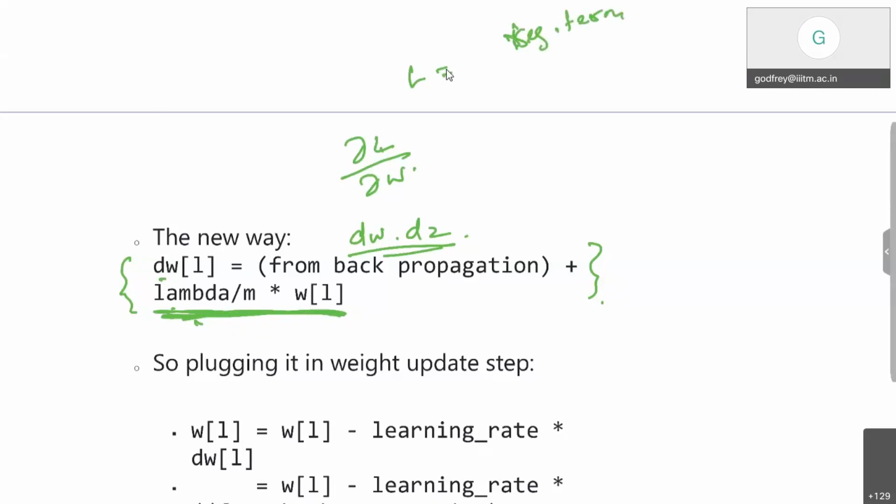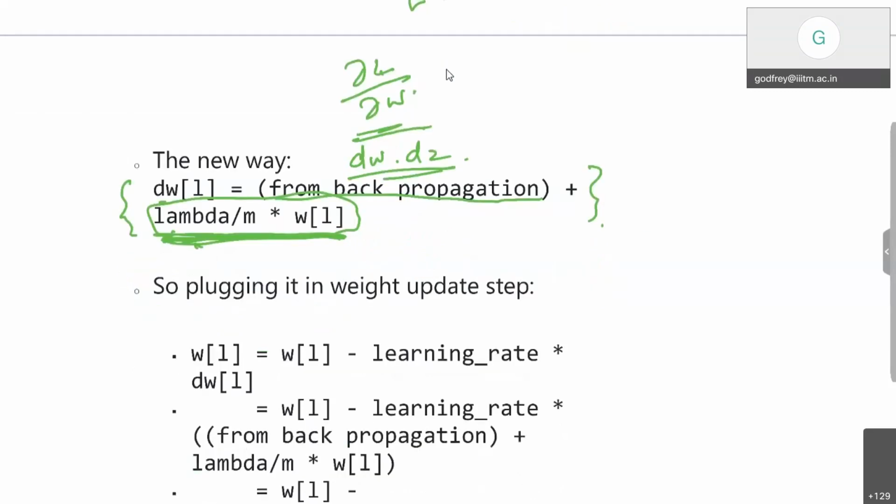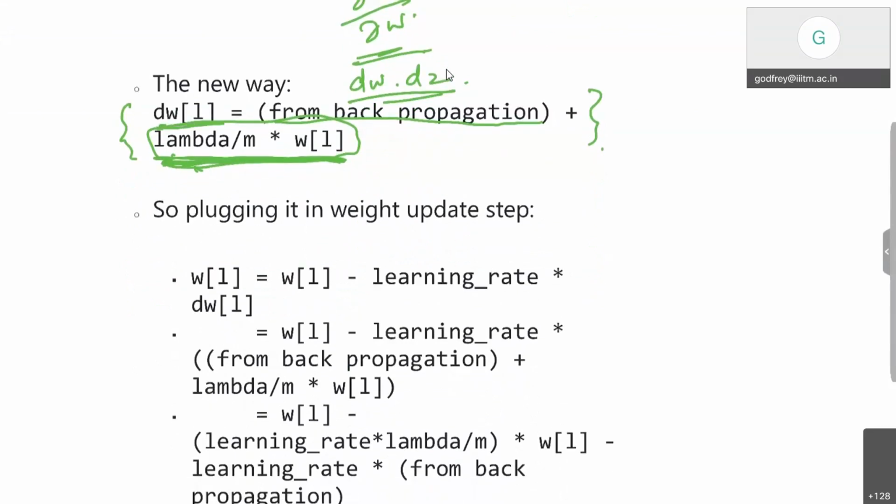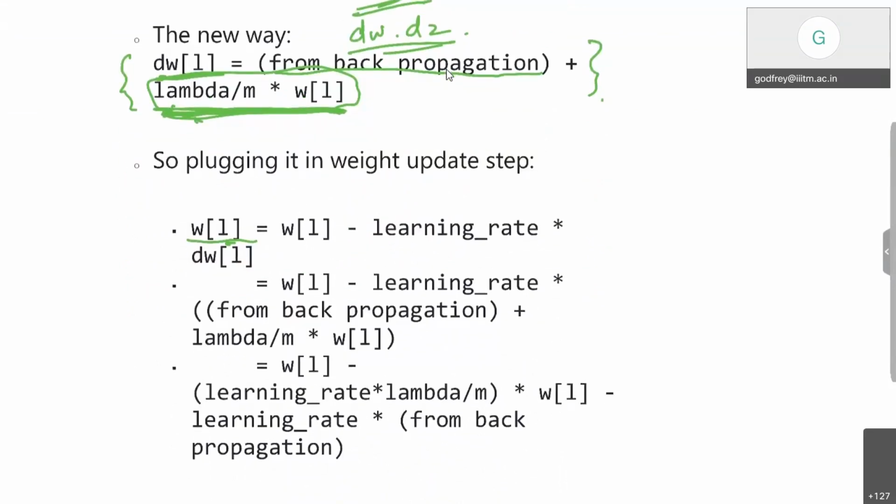It means that when you differentiate the loss function with respect to the weight, we have some additional terms in addition to whatever came before. So the learning weight update consists of WL minus learning rate, and then we also have lambda by m into W.